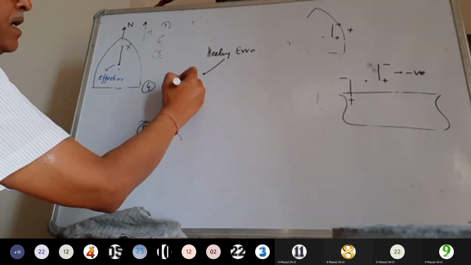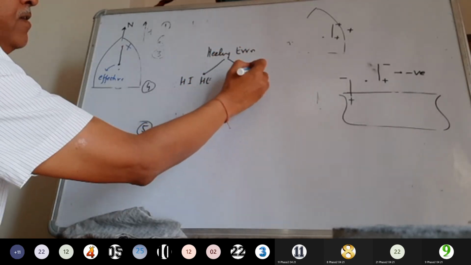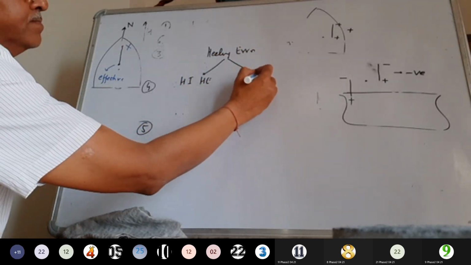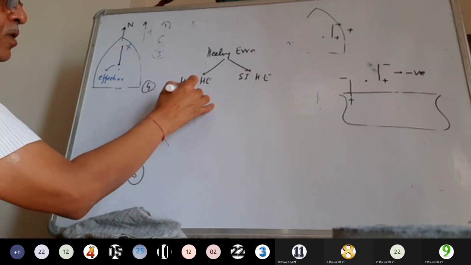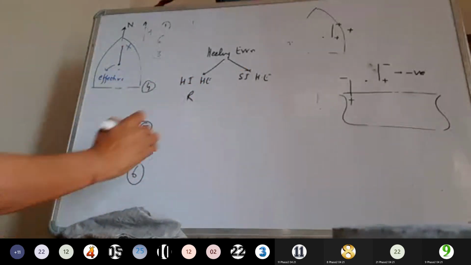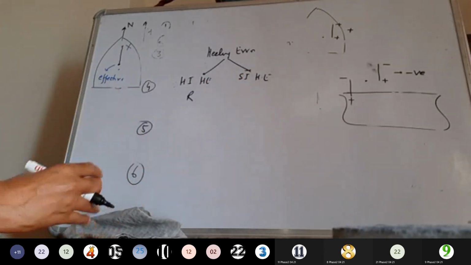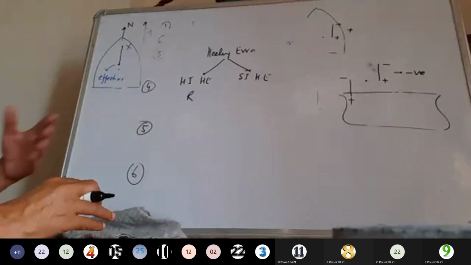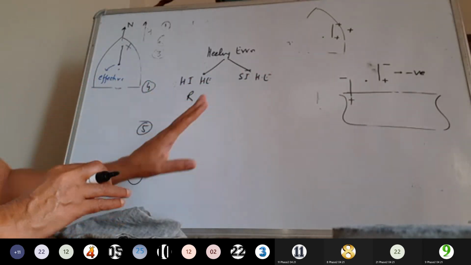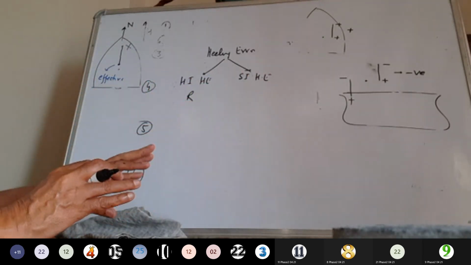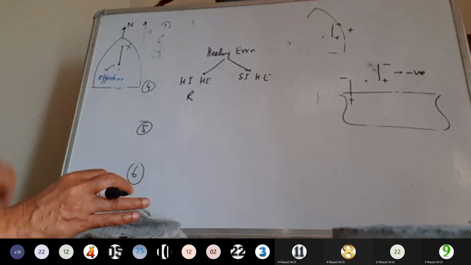One is hard iron heeling error and the other one is soft iron heeling error. This hard iron heeling error is caused by force R, and soft iron heeling error is caused by some of the rods like C rod heeling error, G rod heeling error. Rods we have not studied yet, but there is some heeling error happening due to soft iron magnetism, and some heeling error happening due to hard iron magnetism.